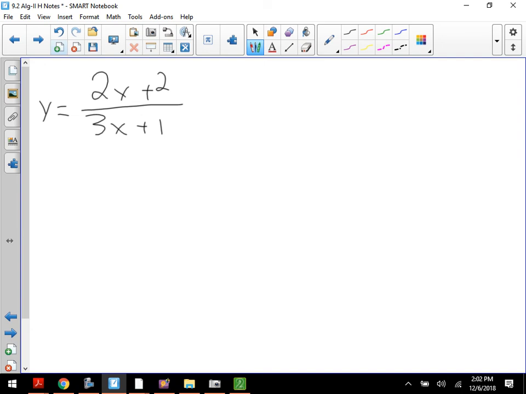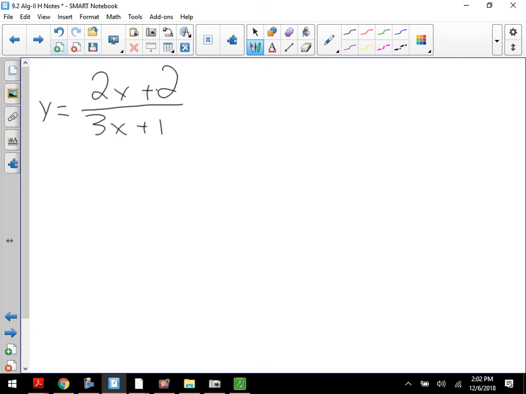Two x plus 2 over 3x plus 1. Which asymptote is the negative 1/3? Vertical asymptote.